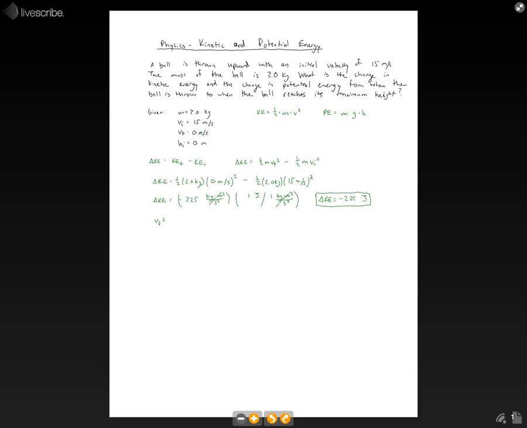So I'll start with this one, because it looks like it has all the variables we will need. And that is the final velocity squared is equal to initial velocity squared plus 2 times the acceleration multiplied by the quantity x minus the initial x.